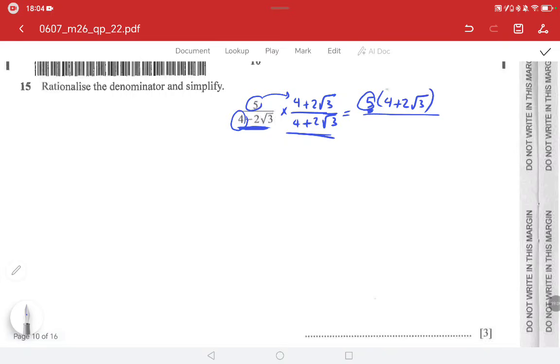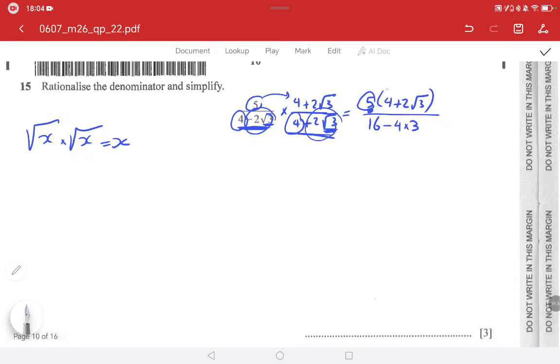In this case, to save time, just multiply 4 by 4. So it's 16. And you multiply this one by this one. So negative 2 times plus 2, it's like negative 4. And square root of 3 times square root of 3, it's what? It's 3. Usually if you have square root of x times square root of x, the answer is x.